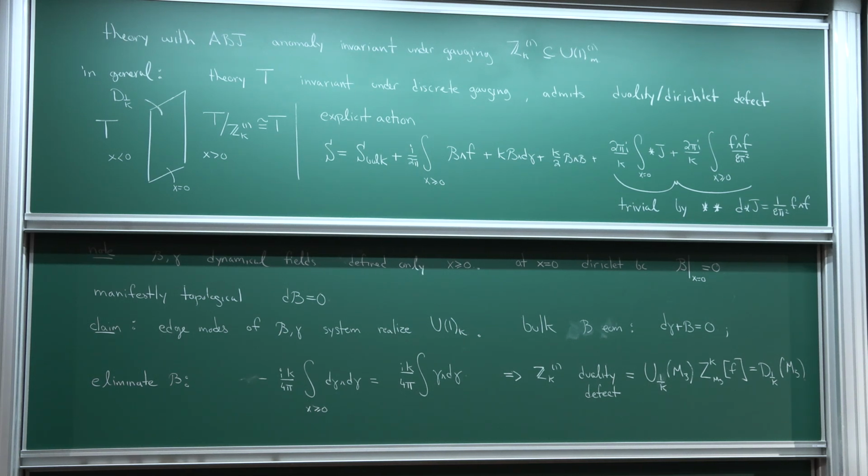Well, the divergence of J is just equal to that expression, isn't it? Let's see. You mean that there are charged operators? Is that what you're worried about? Yes. Let's see if I have charged operators inserted.